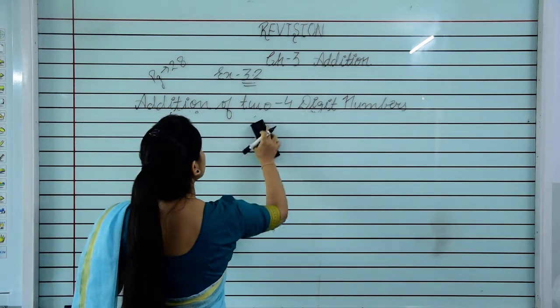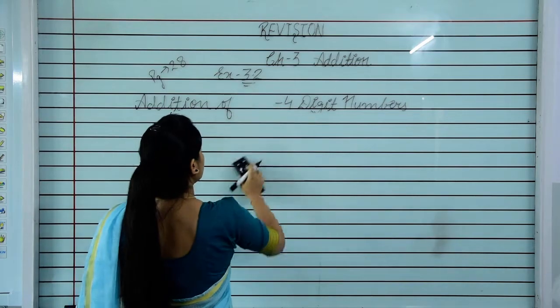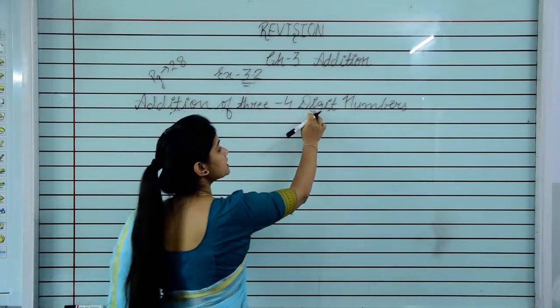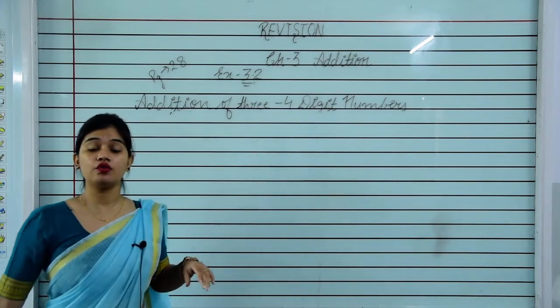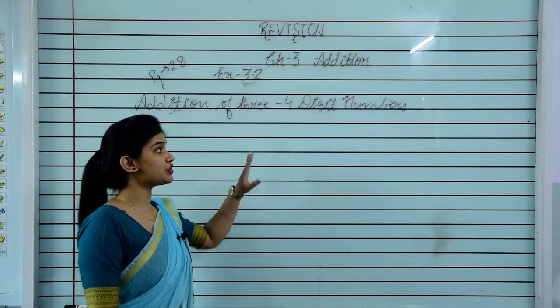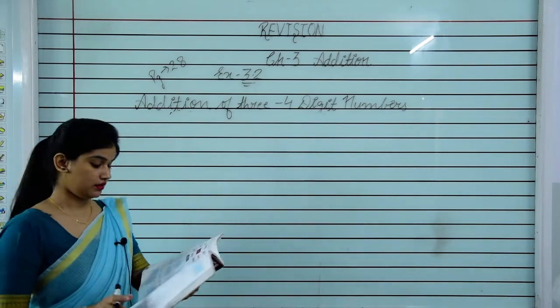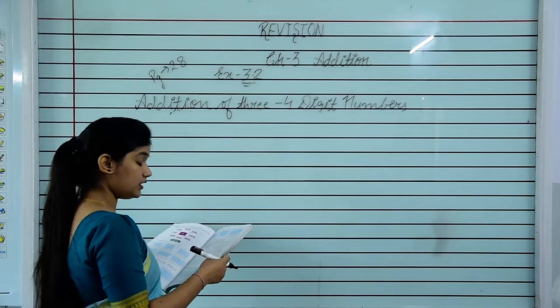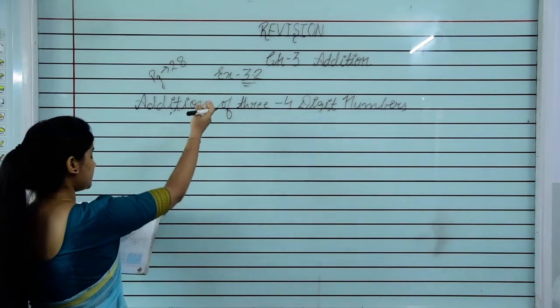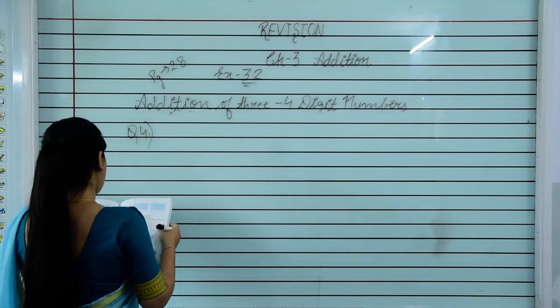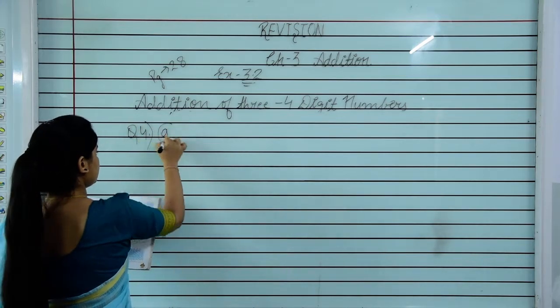three numbers. Addition of 4-digit numbers. It means now we are taking three numbers which have 4 digits. So students, open page number 31, exercise 3.2. We are taking question number 4, A part.